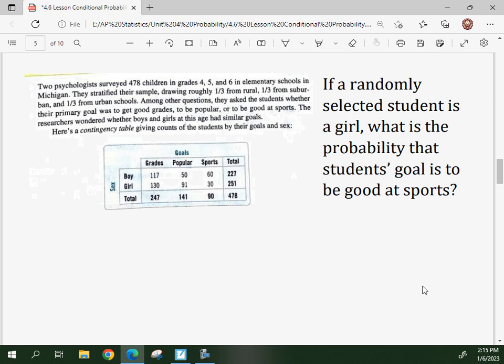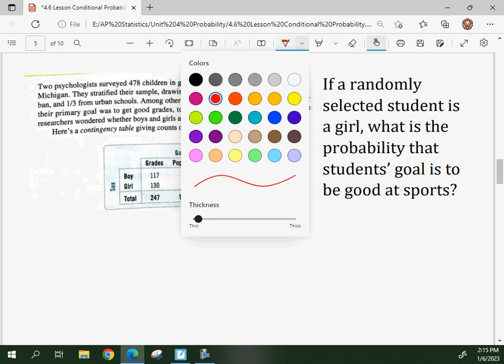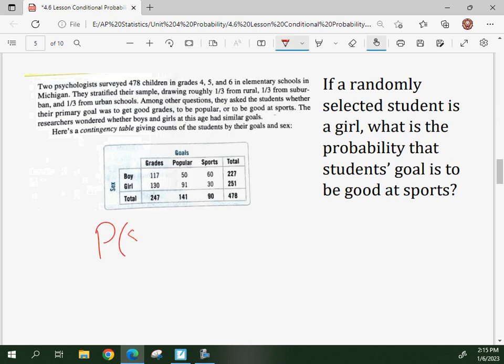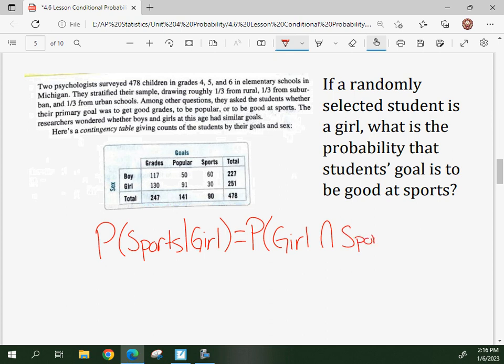And so we can set up our probability statement. We want to know the probability their favorite thing is sports, given that they are a girl. And so we are going to need the probability from our table that they're a girl and they are most interested in sports.